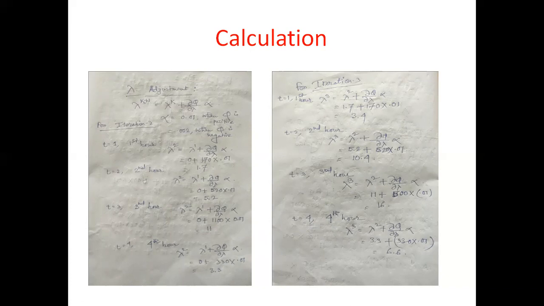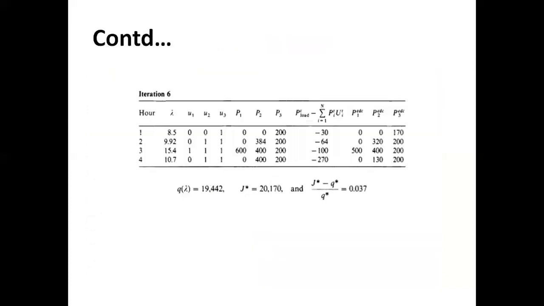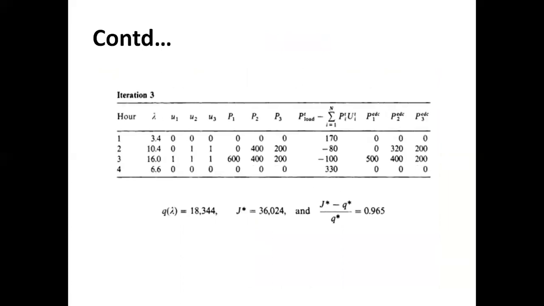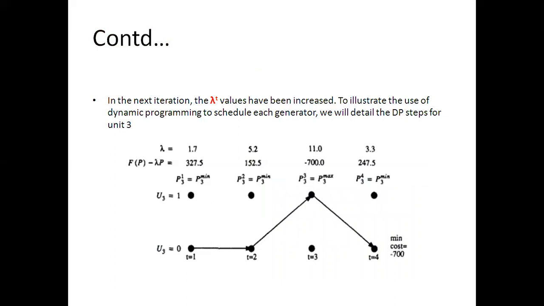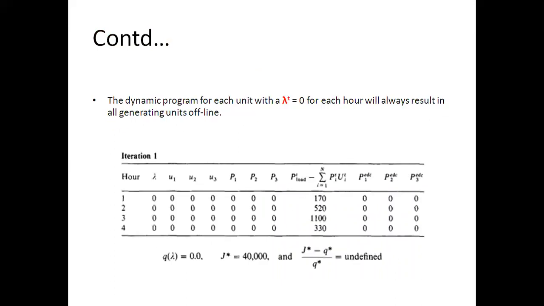Now, if I concentrate on table 1, we will see the value of q lambda. This portion is the value of p dot to the power t minus the summation of i equals 1 to n of p_it u_it.